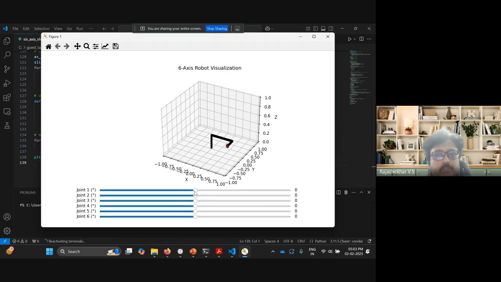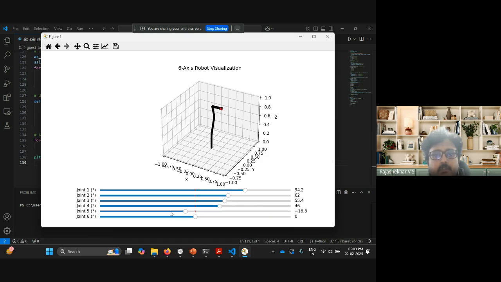Okay, so if you see, this is the base. This is the first link. This is the second link. This is the third link. You can see the red box rotating.